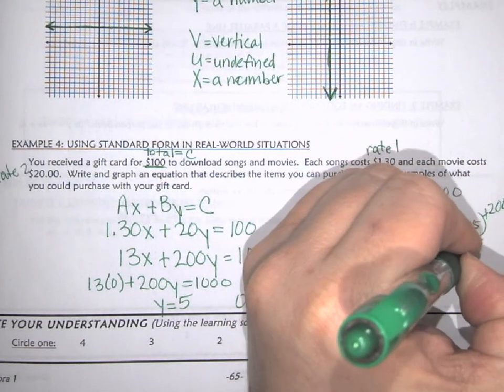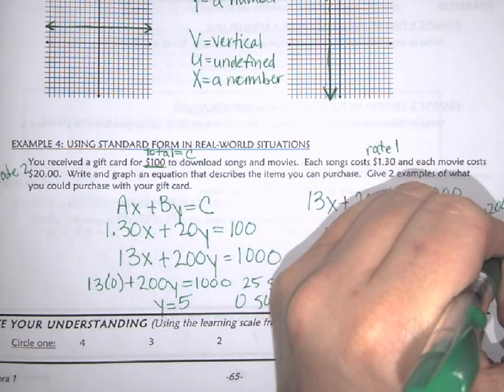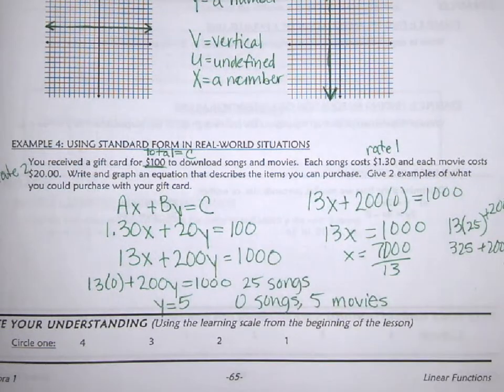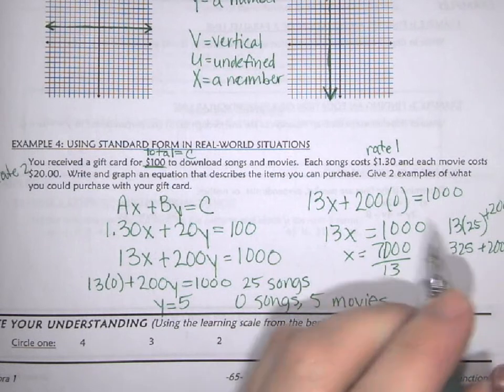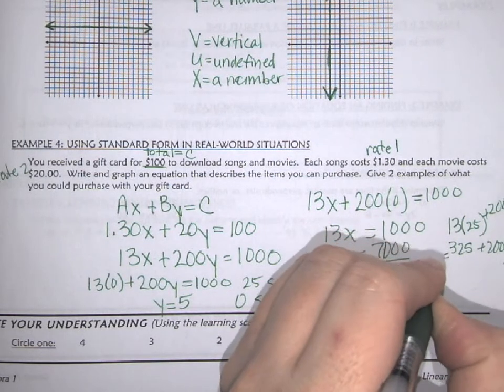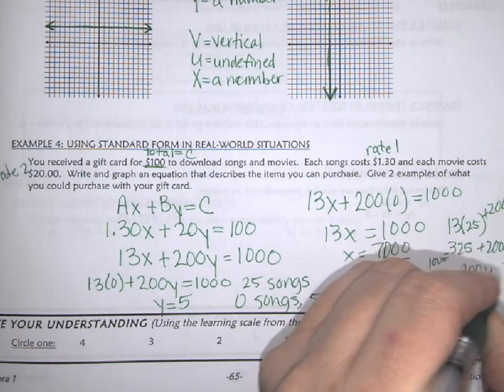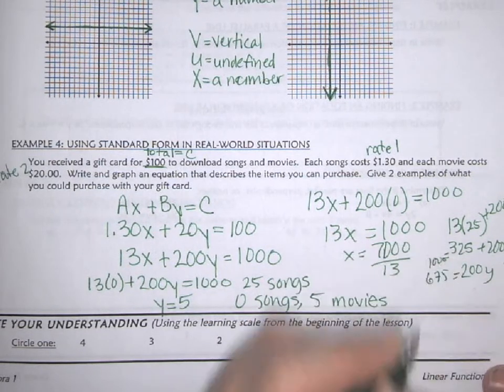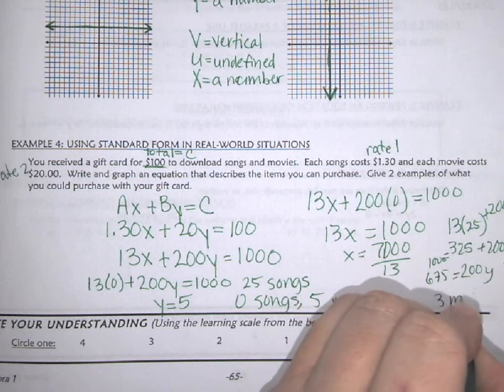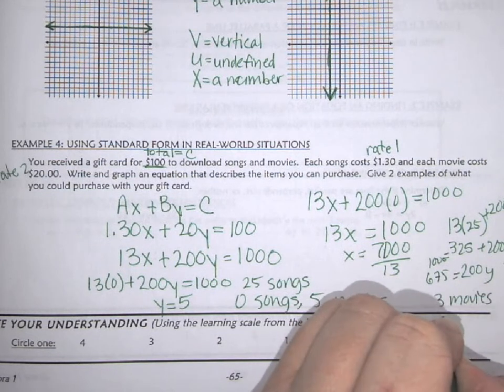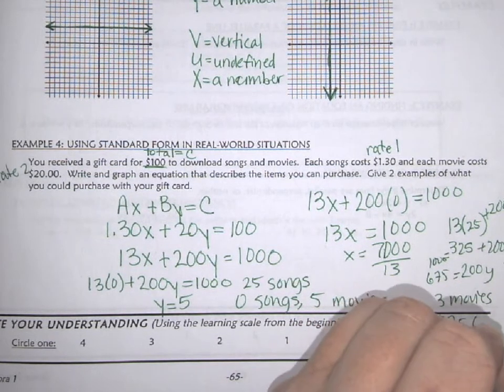Let's see, 325. I'd be able to get 3 movies, but I'd have money left over. So if I do this, then my 200Y is equal to 675. So I can get 3 movies and have $75 left over.